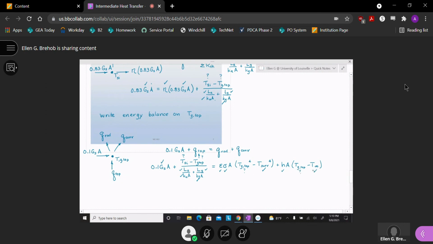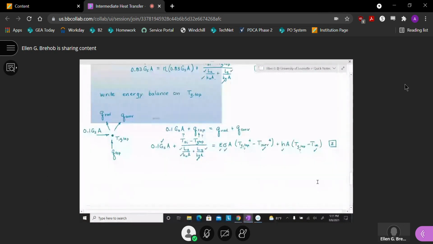I do know T infinity. The result is that I have these 2 equations, with unknown temperature of thick glass and temperature for silicon. And I can solve these for those 2 temperatures.